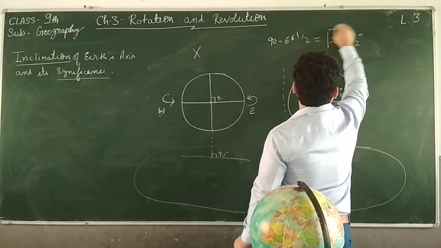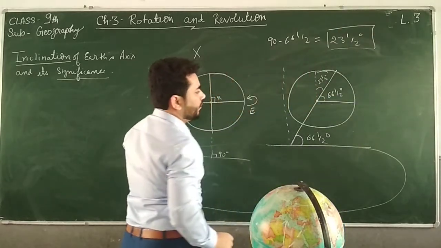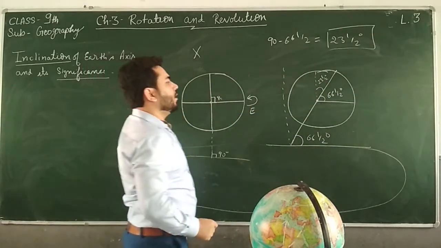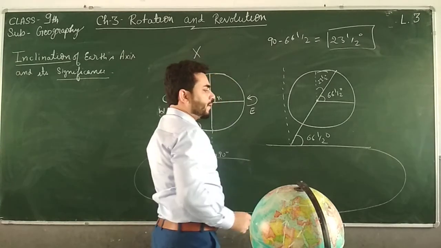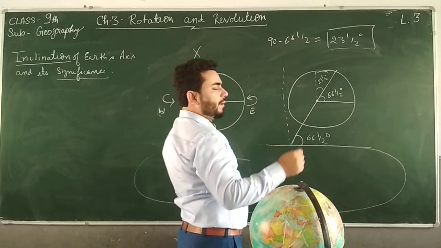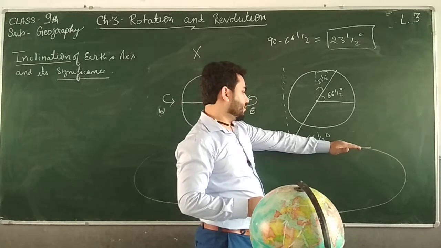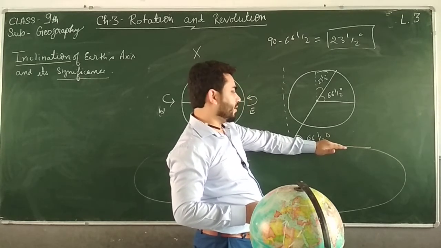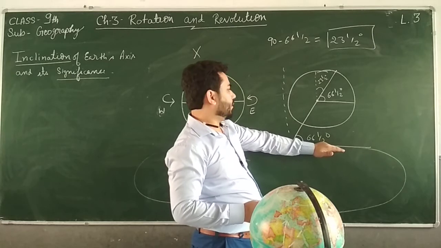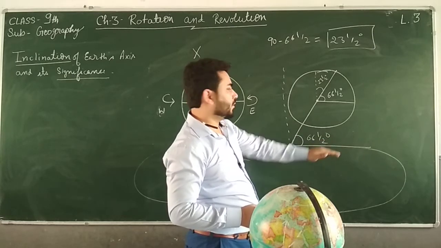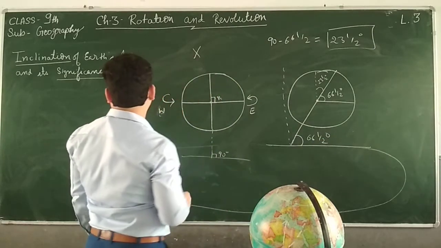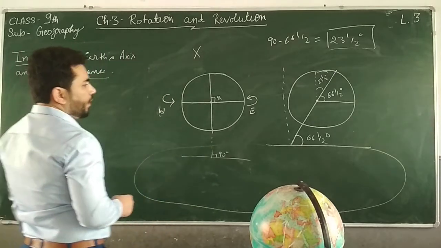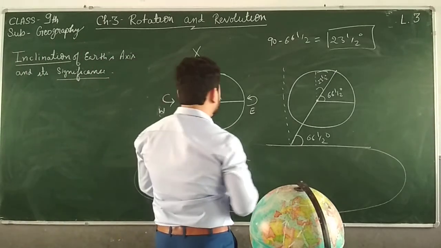This is the tilt in the axis of the earth from the perpendicular drawn to the plane of rotation. This is the plane of rotation, and in respect to this plane only, we are measuring the angle of the earth's axis. And this is 66 and a half degree.